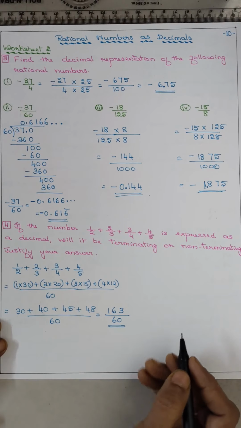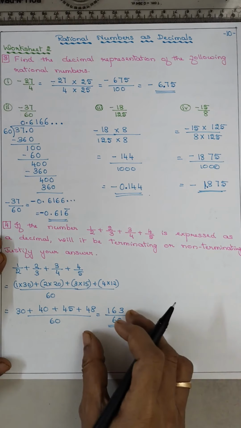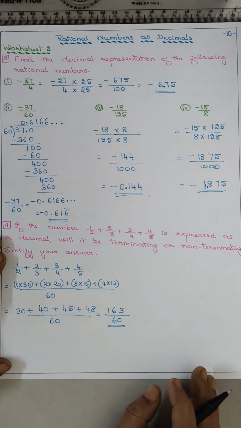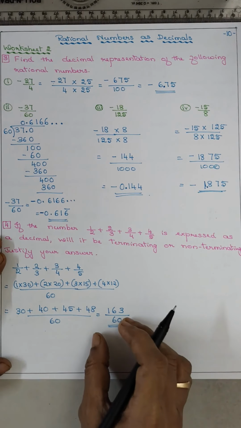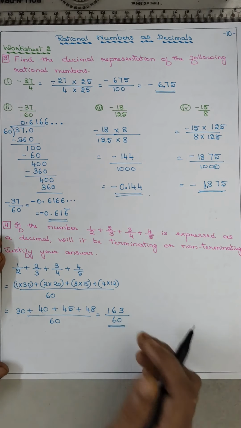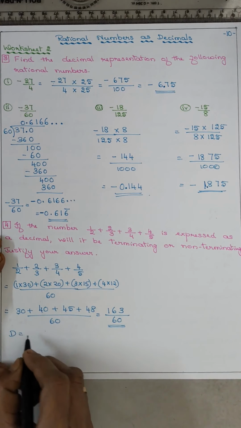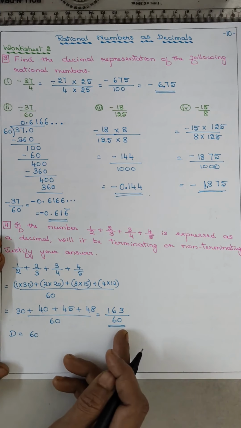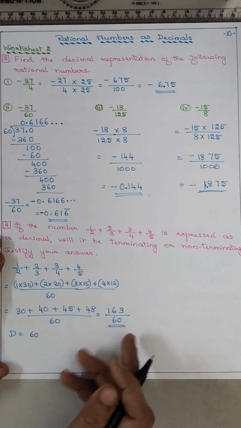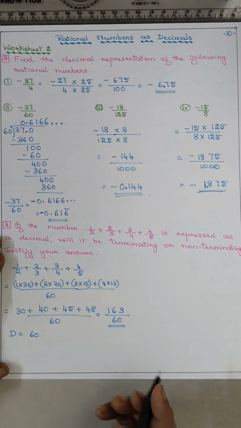Now the denominator, this is just like question number 2. You got the rational number 163 by 60. So the denominator is 60, and it is in the lowest form.